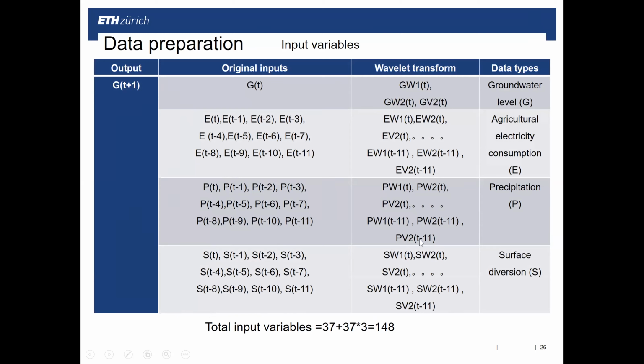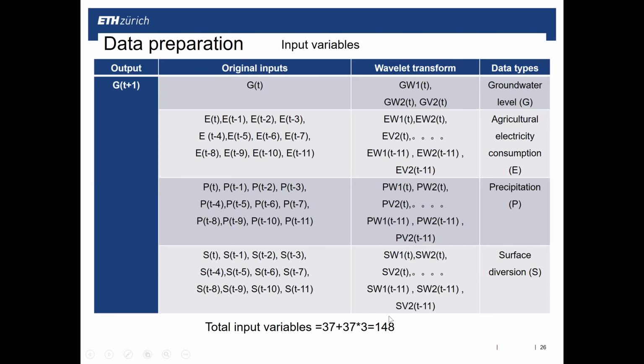If we put all these time series together, the total number of input variables is over 100. But that doesn't mean all of these variables are important for the groundwater level forecast, so we need to choose the important features.